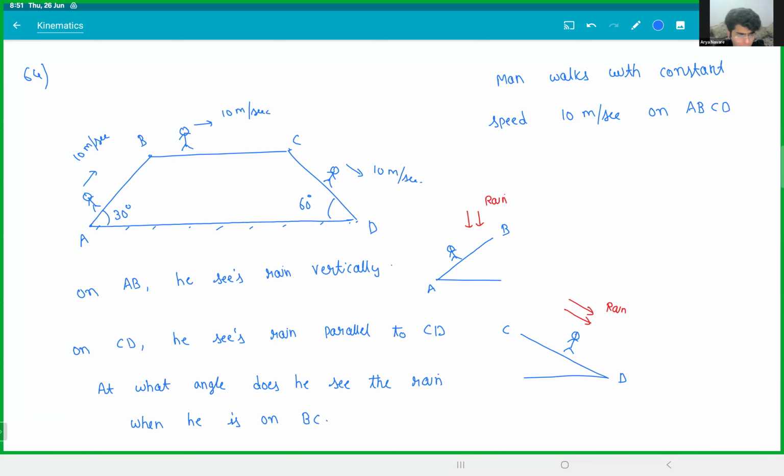So we have to give the angle with respect to horizontal or vertical. Yeah, you can give it both.